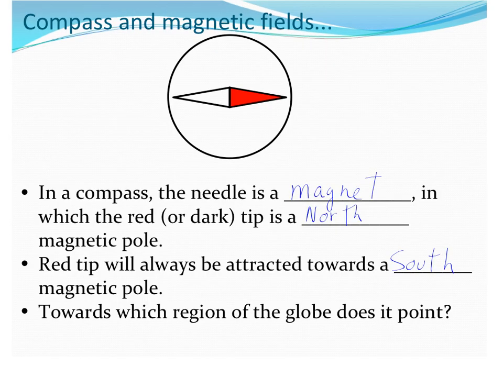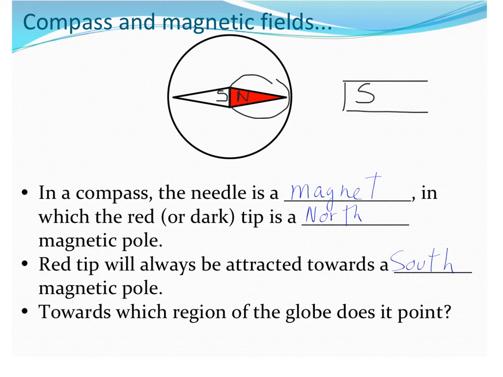When you use a compass, you have to keep in mind that your needle is a magnet, in which your red or dark tip is a north magnetic pole, so the other tip of the compass is a south magnetic pole. So it's a magnet. So if I approach the compass near another magnet, the north magnetic pole of my compass will always align itself towards the south magnetic pole of that other magnet.